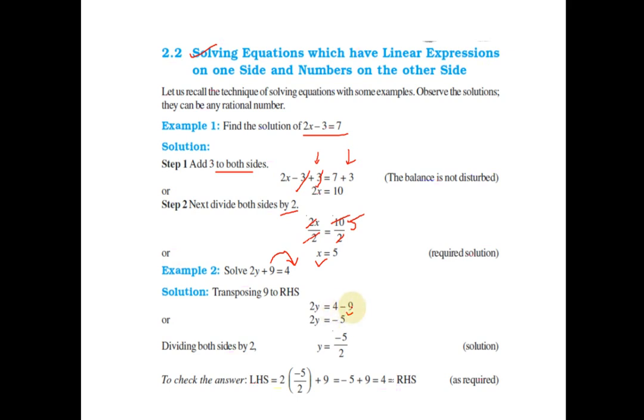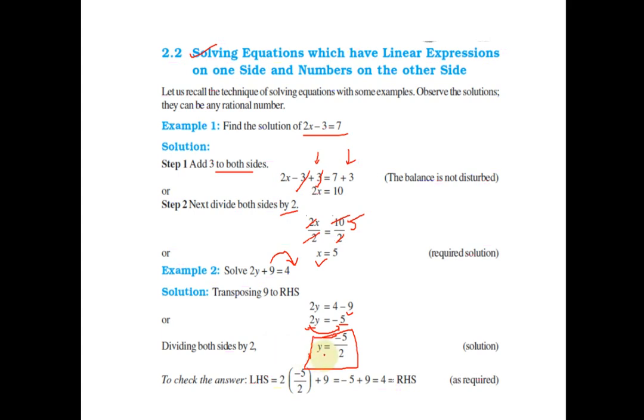So 4 minus 9 will give you minus 5. Here 2 is in multiplication in the left hand side, so it will go into division in the right hand side. So y equals minus 5 upon 2 is the answer.